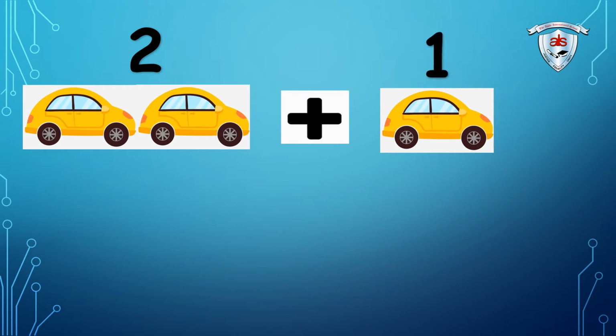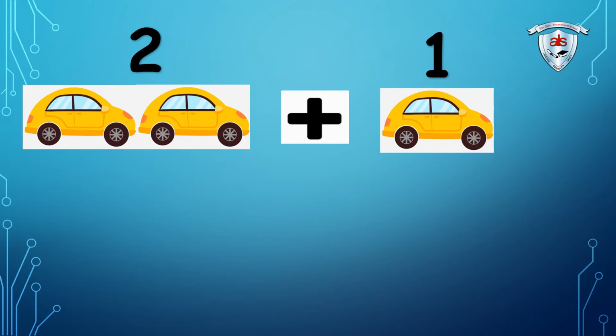Oh, there's only one car in the other group. So now you need to add both the groups. Let's add both the groups and find out how many cars all together.